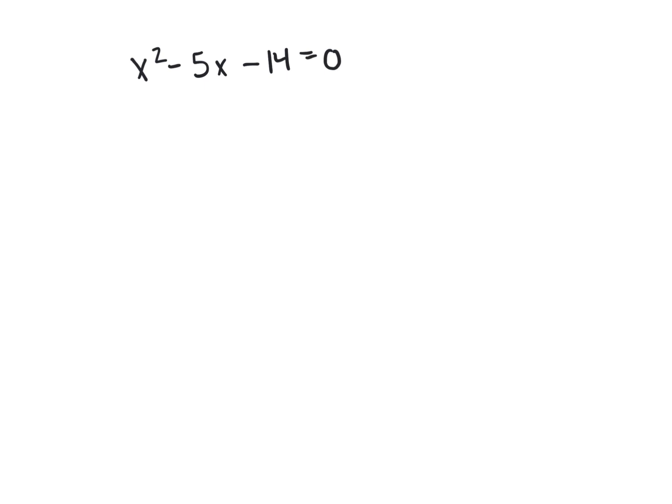So looking at our first problem here, I see that it is already set equal to 0. And I see that it is a quadratic trinomial. And so I am going to very quickly see if this can factor.